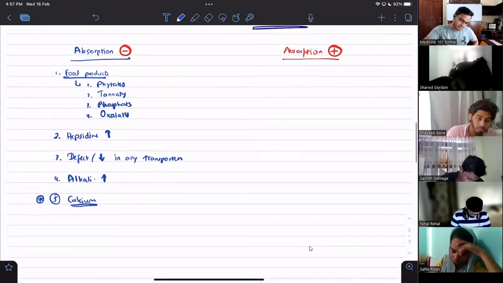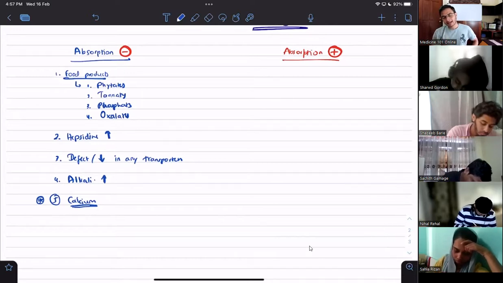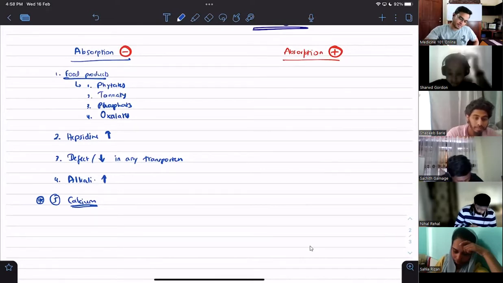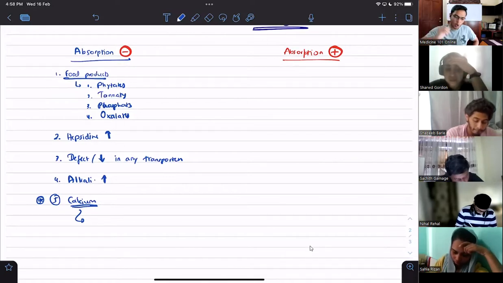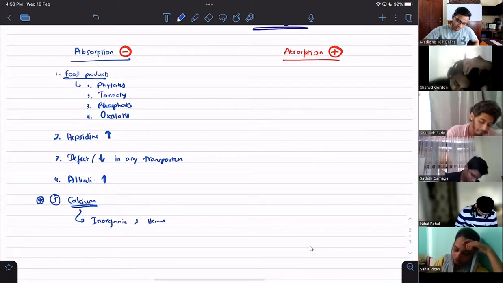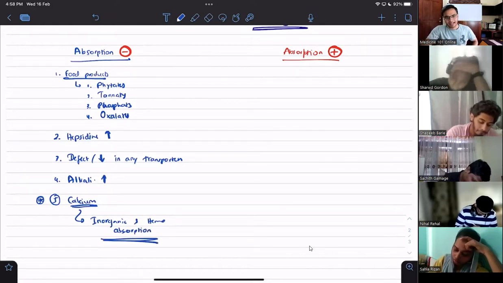Now this one was relatively recently found. Calcium has an inhibitory effect on iron absorption. That we knew for a while, but what was relatively recently found is that calcium inhibits both inorganic and heme form absorption. Both of these are inhibited by calcium.